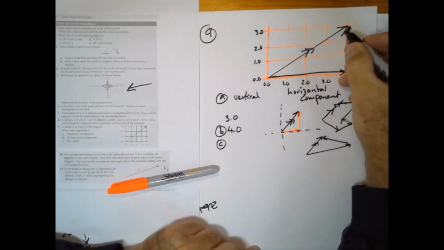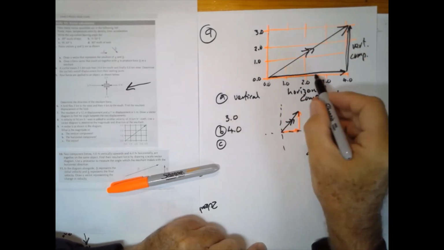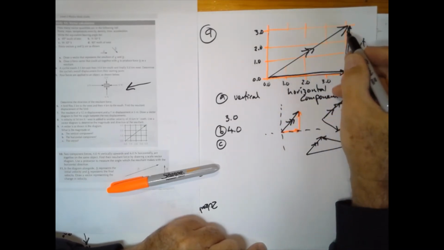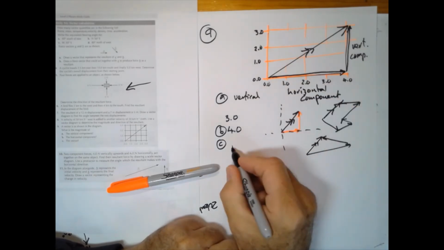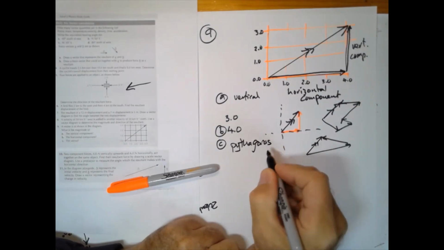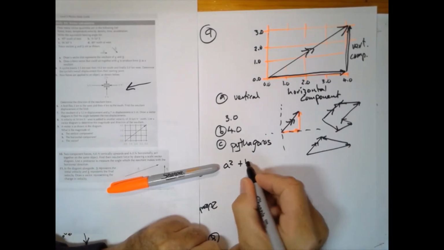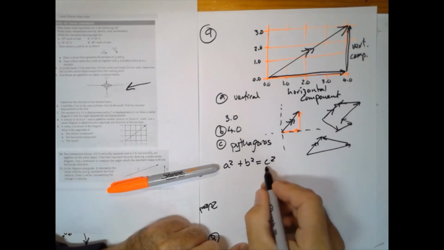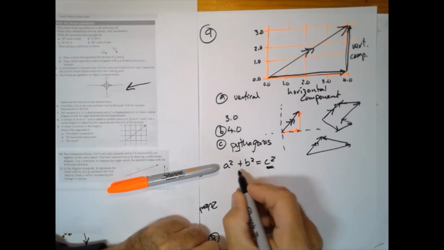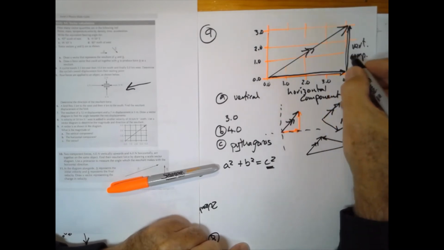And again, we can use Pythagoras. If we know this side and this side, we can use Pythagoras, which is a squared plus b squared equals c squared, where c is the hypotenuse. The two smaller sides and the hypotenuse: this squared plus this squared equals that squared.